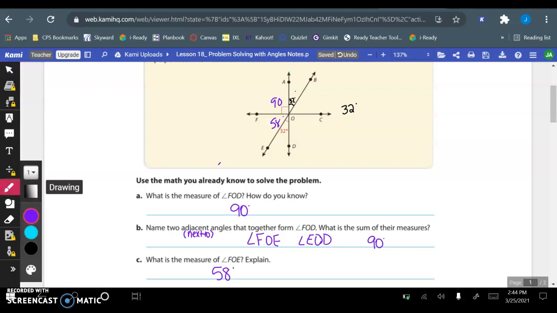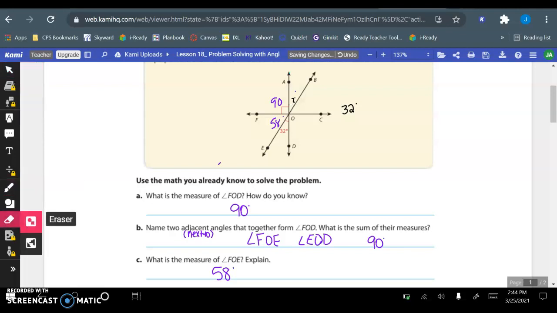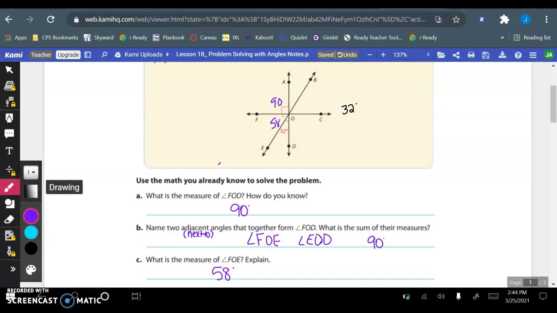So if we didn't already know that 32 degrees from figuring out that it was vertical, this is another way to figure it out. So if you look, you have this straight line right here, and it's broken into three different angles. We know one's 58, one is 90, and we don't know the third one. So what we can do is add together what we know. So the 90 plus the 58 is 148.